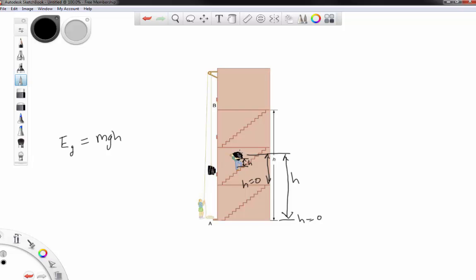Well, if you chose this to be your reference height and this guy drops the television and it falls down the stairs and lands down here, you'd have a negative height in this reference. And so it's possible for EG to be less than 0. So that's okay. Just keep in mind what you've picked as your reference height.